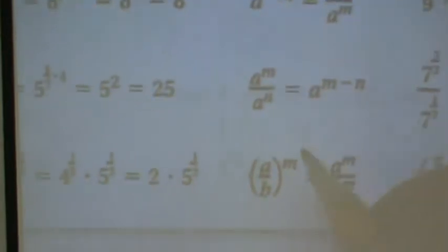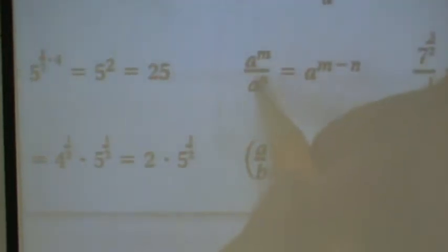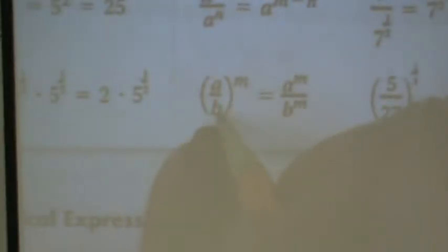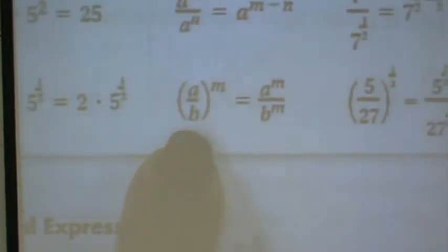You multiplied them. This one's just showing you that if you had two numbers in here, you distribute. What about a negative exponent? Flip it. What about if the bases are the same and you're dividing? You subtract. We're going to use this one a lot. And what about if you have a fraction and you have a power outside? You give both of them the power. You just took a test on that.